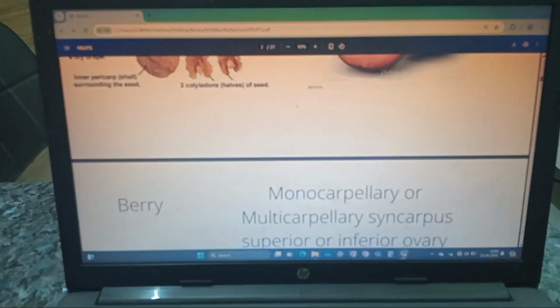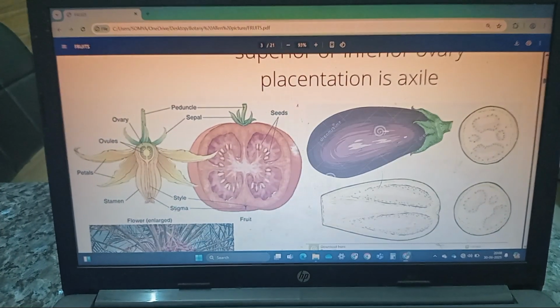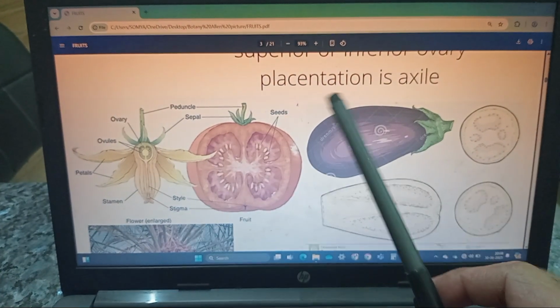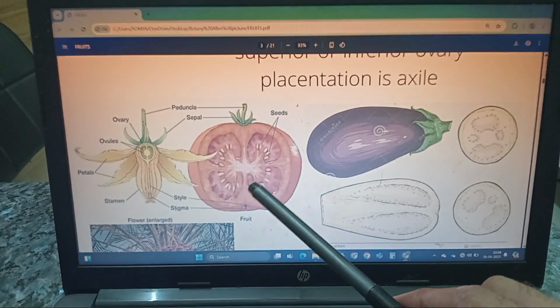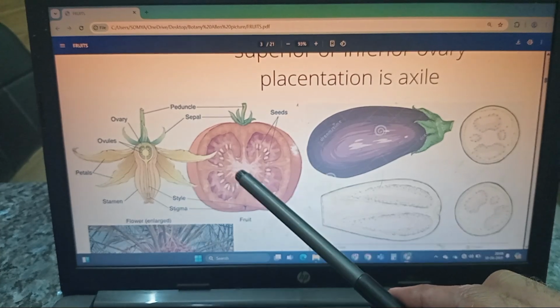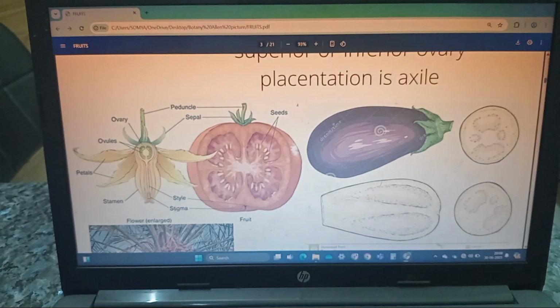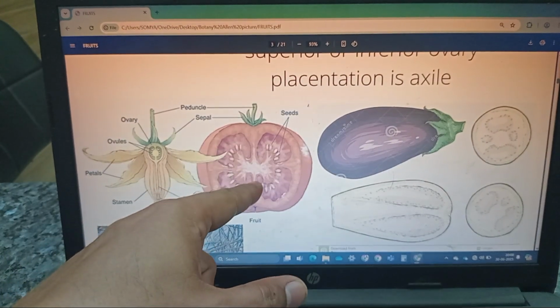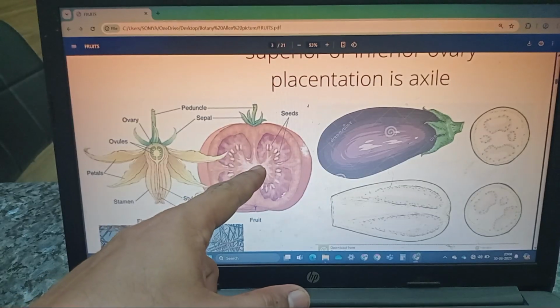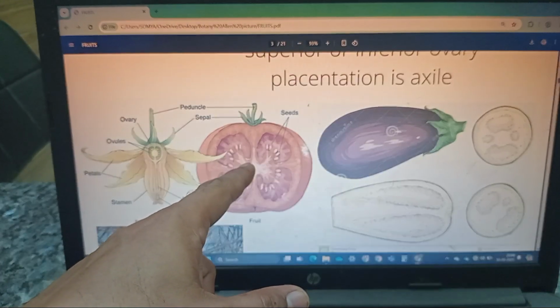Second is berry. Berry is found in the Solanaceae family, like brinjal and tomato. What we are saying here is the placentation. The placentation in the tomato is axile, and this is the placenta.